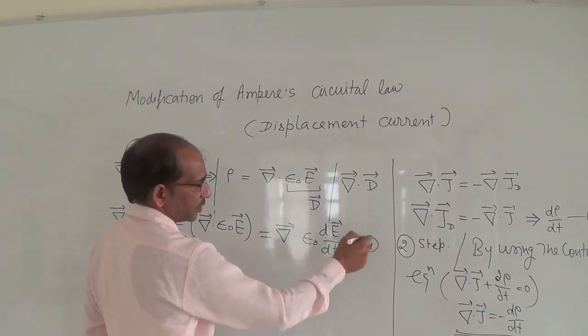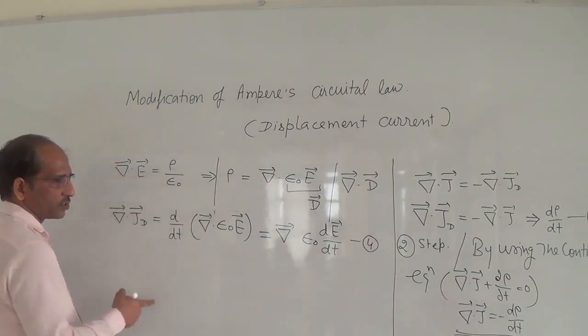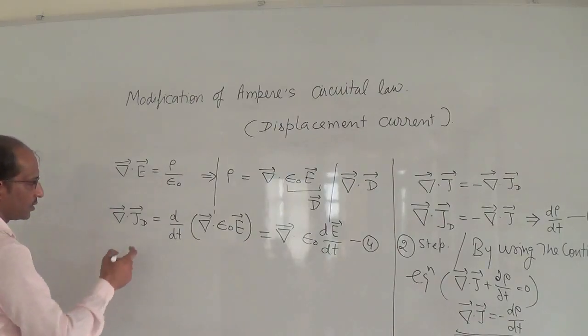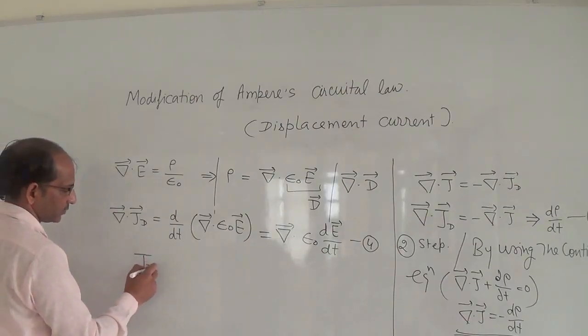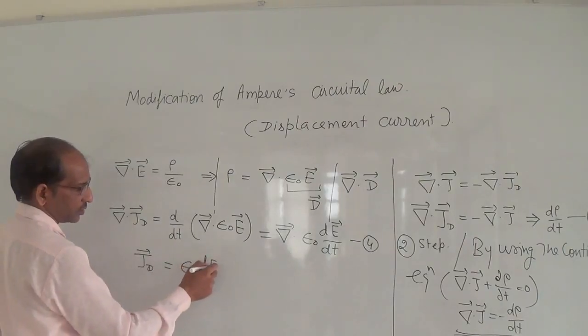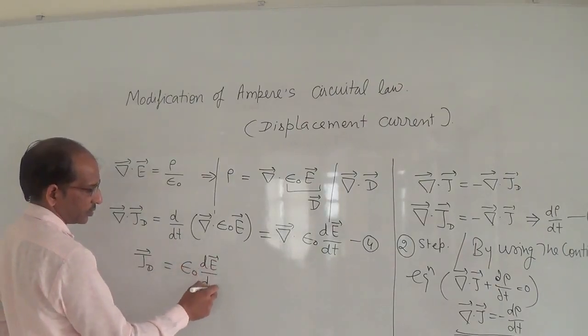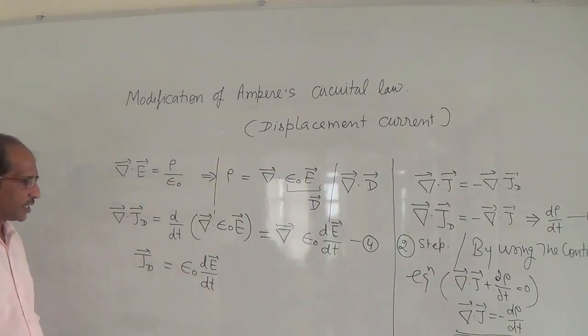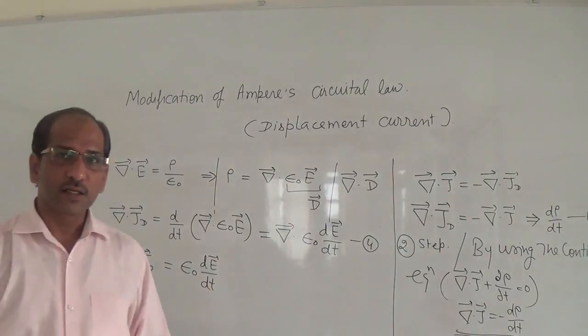This is equation number 4. If I compare both sides, I found that JD is equal to epsilon naught dE upon dt, and this is the time varying electric field.